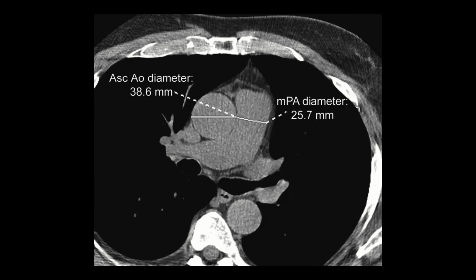So it's a good idea, and actually in 2012 there were normative data reported on the measure of the diameter of the main pulmonary artery, and also on the ratio of the pulmonary artery to the aorta.